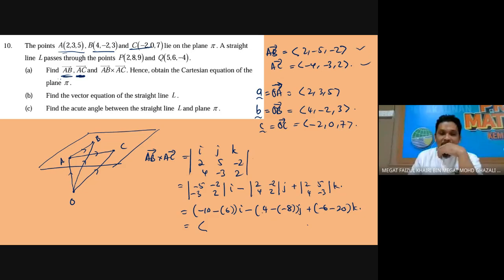So -10 minus 6 gives -16i. So AB cross AC gives you the normal vector.